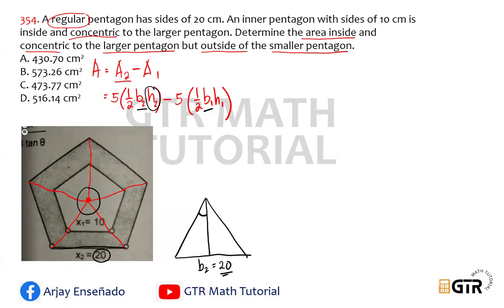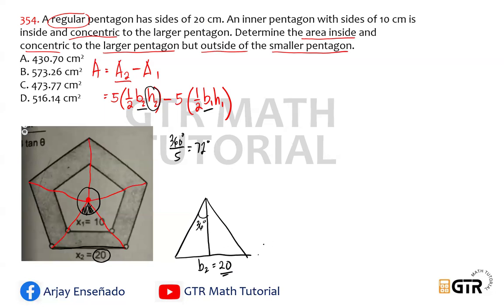So we can solve this angle by dividing 360 degrees by 5 since we have 5 congruent triangles. So 360 degrees divided by 5 is equal to 72 degrees. So this angle is 72 degrees. Divide by 2, therefore this angle is equal to 36 degrees.